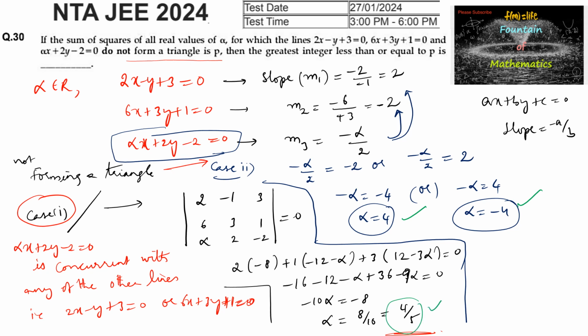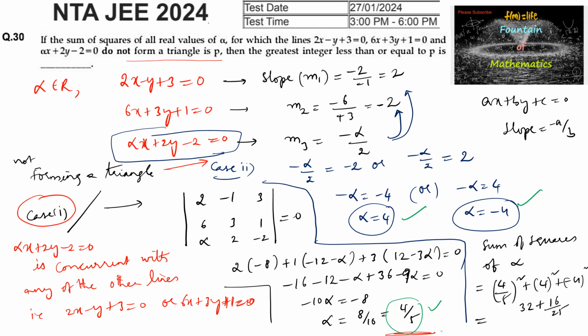And the question is about the sum of squares of all real values. All these are real values. So the sum of squares of the possible values of alpha is 4 by 5 whole square plus 4 square plus minus 4 whole square, which is equal to 16 plus 16, that is 32, plus 16 by 25.